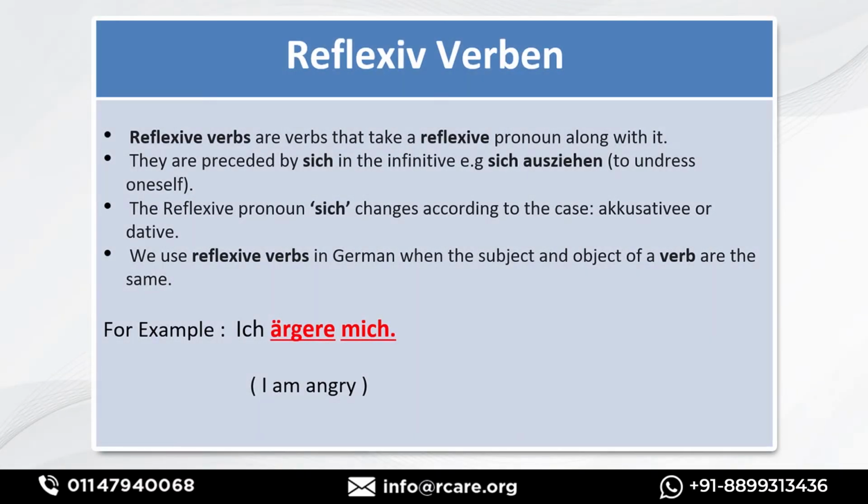Reflexive Verben. Reflexive verbs. So, reflexive verbs in German are the verbs which take a reflexive pronoun along with them. What are reflexive verbs actually? Reflexive verbs are those verbs which, whenever used in a sentence, take a reflexive pronoun with them.